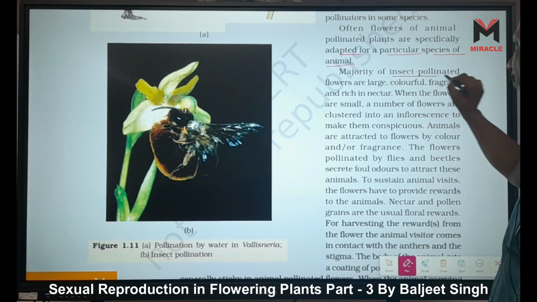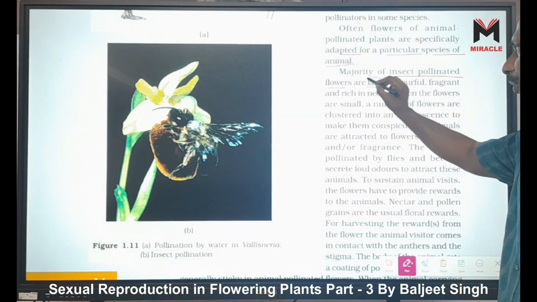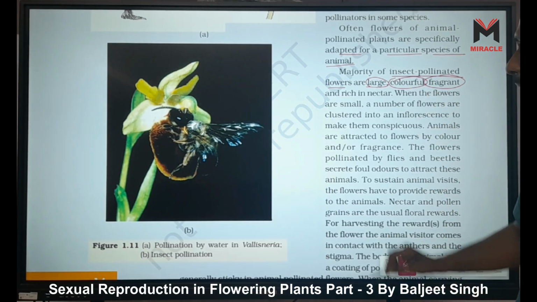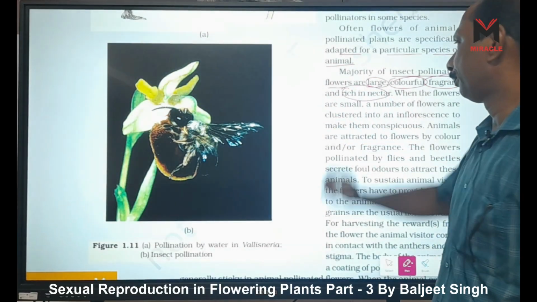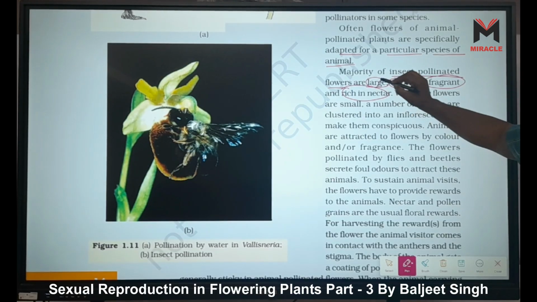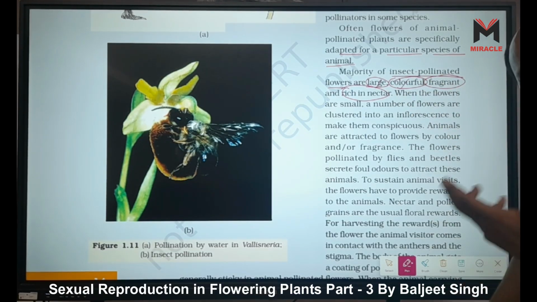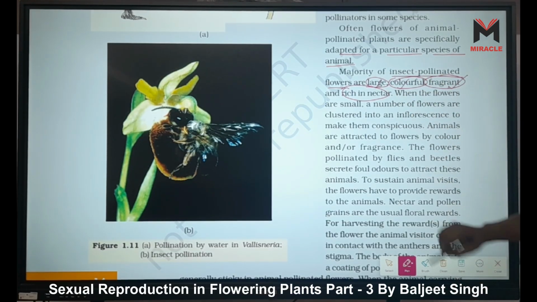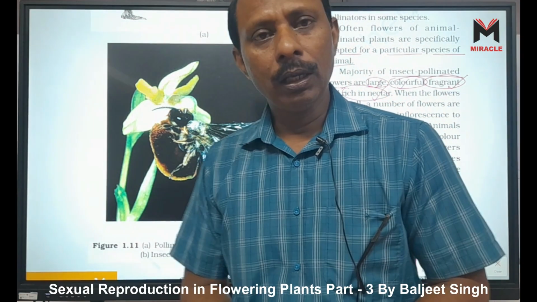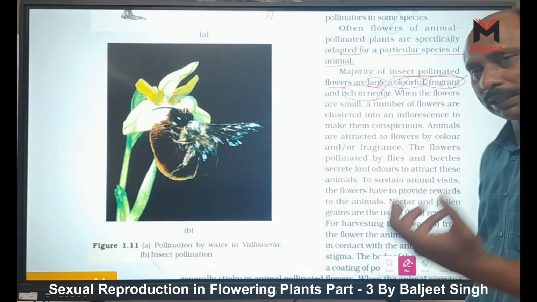The majority of insect pollinated flowers are large, colorful, fragrant, they have smell and are rich in nectar, right? Here 4 things are given. What? They are large, colorful, to attract the insects, fragrant, and they have rich nectar. Nectar means they have floral reward, right? To eat the nectar, the insect will come.